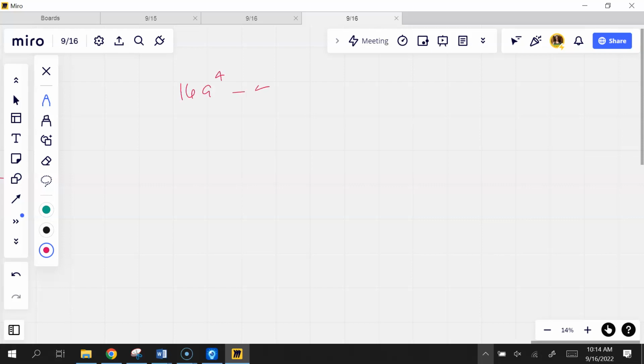16a to the 4th minus 40a squared plus 24a over 12a cubed. Same thing. So make it into 3 different fractions. Every time there's a plus or a minus up top, you can split it over everything in the bottom.